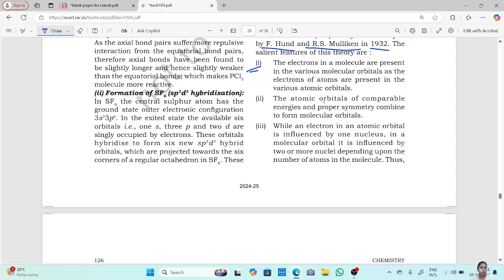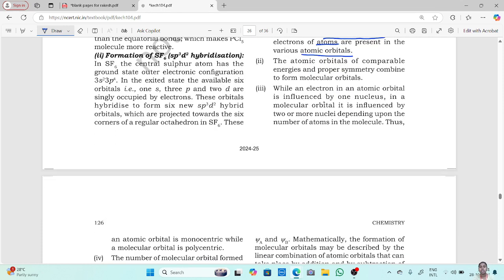Now each atom has atomic orbitals. When you combine two or more atoms together, you form a molecule. Now the electrons which are present in a molecule are present in the molecular orbitals, and the ones which are present on atoms are present on atomic orbitals. Now, the atomic orbitals of comparable energies and proper symmetry combine to form a molecular orbital.